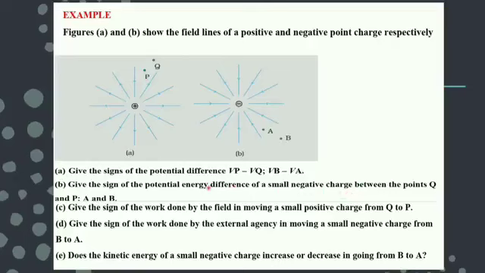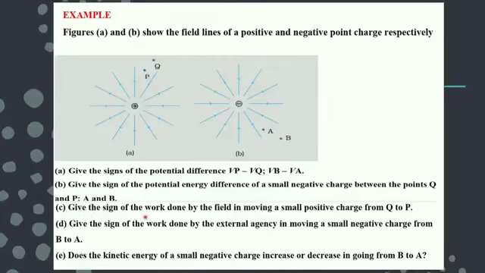When you bring the negative charge, there will be a force of attraction between the negative and the positive charge, so you are working against the attractive force. So again this potential energy will be positive because the signs get interchanged. In the same way here also you will get it positive because they have changed the positions: earlier B to A, now it is A to B.